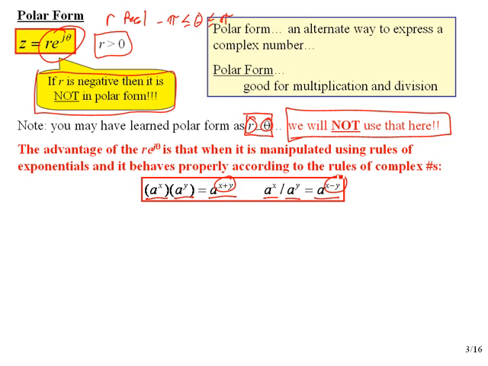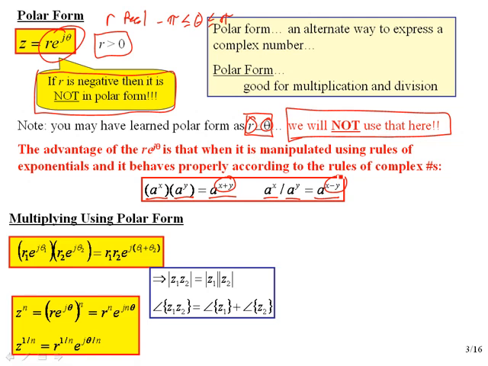So once we have that, we now know how polar form behaves when we do multiplication and division. From that, we immediately get that for two complex numbers in polar form, if we multiply them, and again, we're assuming here that R1 and R2 are non-negative, then we take the product of their magnitudes.